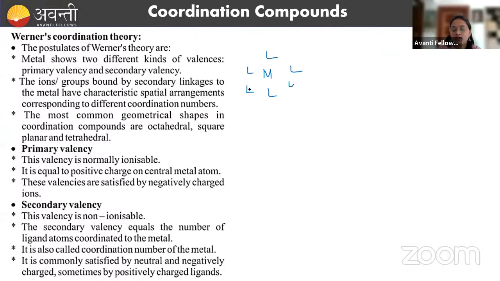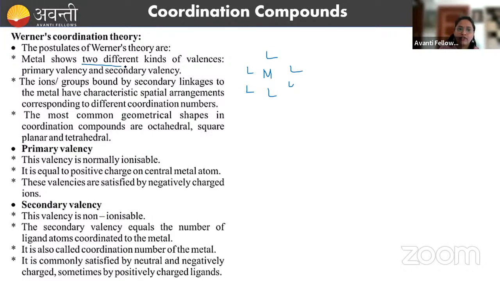He was trying to decode the structure of coordination compounds and to know what these ligands do and what the nature of the metal is, and he postulated some things from that.